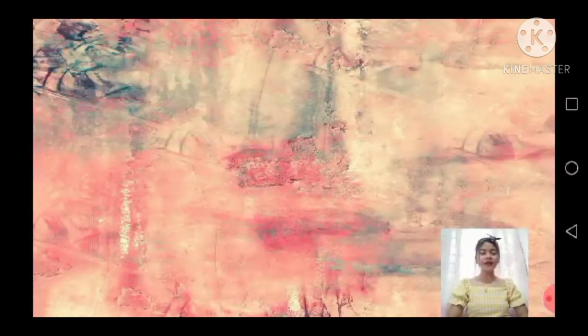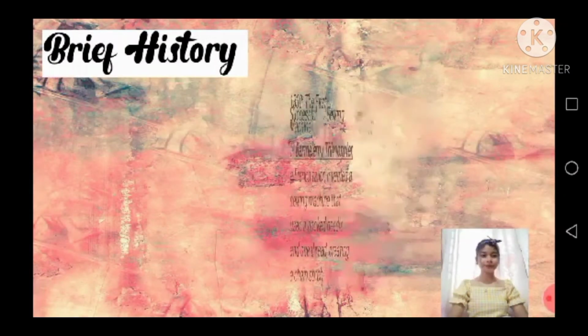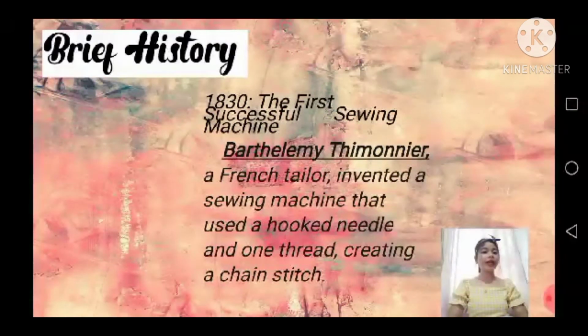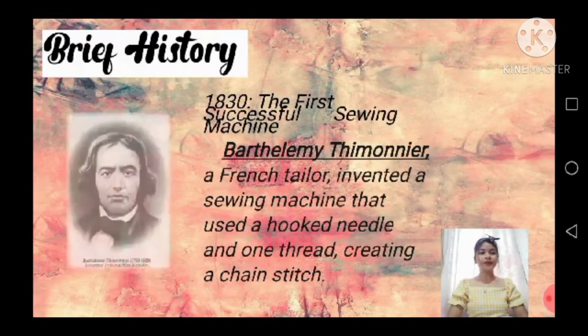So before we start our main topic, let's tackle a brief history of the sewing machine. The first successful sewing machine was invented in 1830 by a French tailor named Barthélemy Thimonnier.